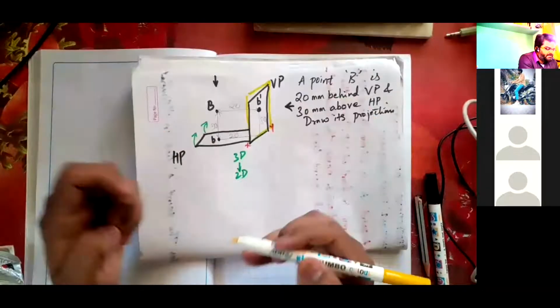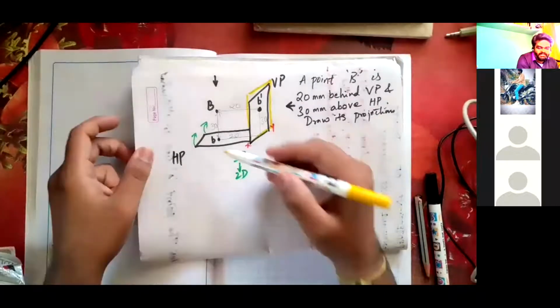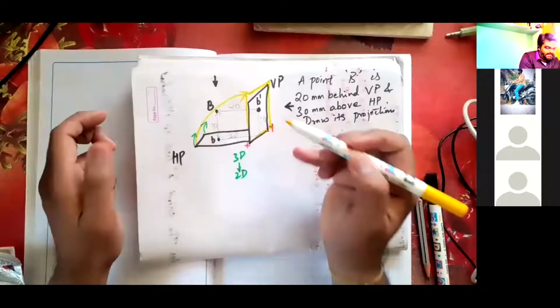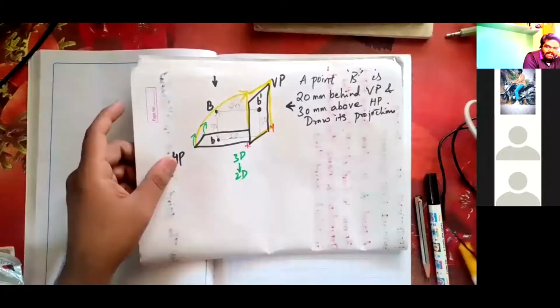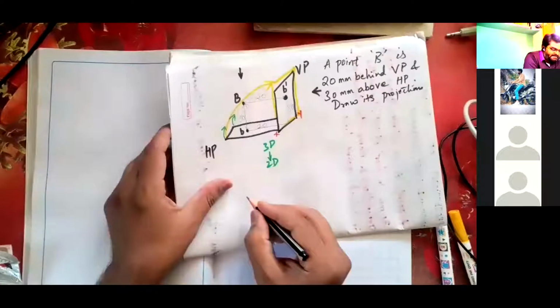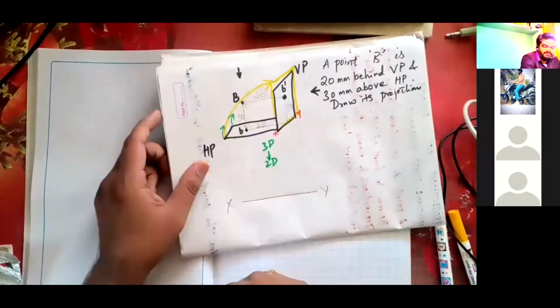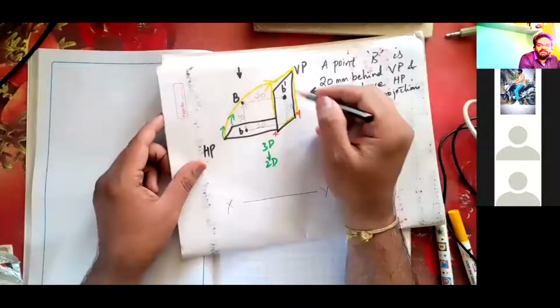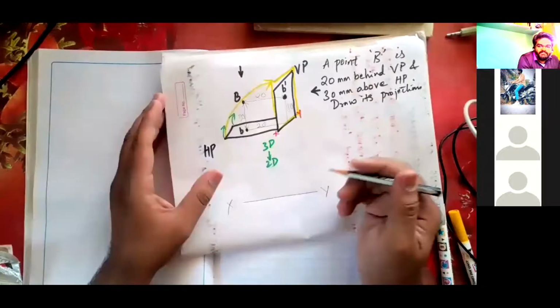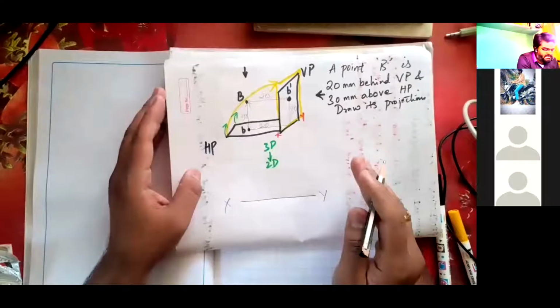This horizontal plane is turned up to vertical plane. So directly, I am going to draw a line and represent it as x and y. When I rotate this, these lines what I have drawn, vertical plane and horizontal plane, do not have any exact boundary. So I'm just leaving it as it is.